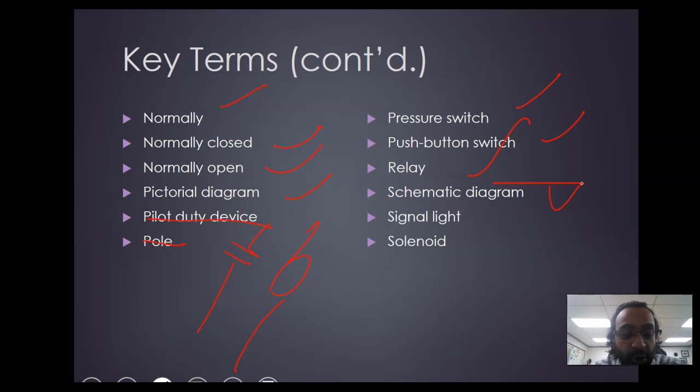Schematic is a very general term, could be pictorial, could be ladder, could be installation. Signal lights, a light that shows you that that circuit is engaged. Solenoid is a very useful device that can open or close using mechanical linkage and a pin. That's a solenoid. It could activate a switch, an electrical switch, or it could activate a fluid valve.